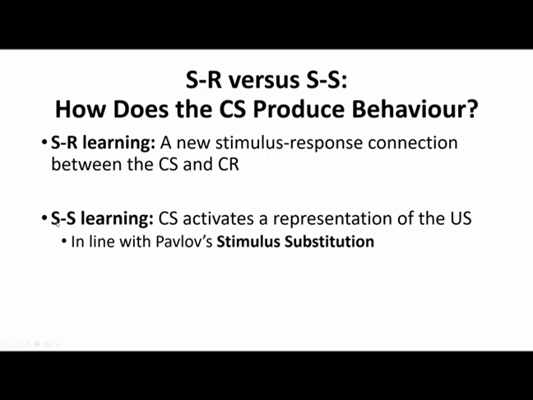This is different from S-S learning, which lines up with Pavlov's view of stimulus substitution. So S-S learning says that our CS is activating a representation of our unconditioned stimulus, just like what we talked about with stimulus substitution. So let's look at diagrams to see why these two are so different.